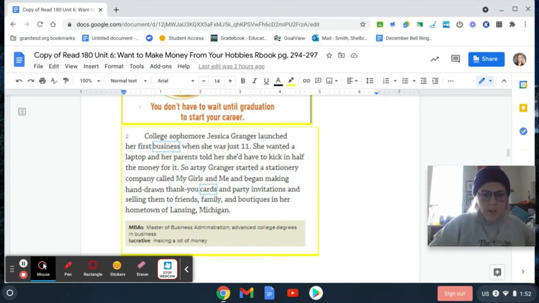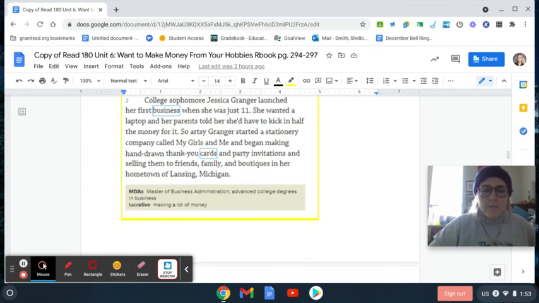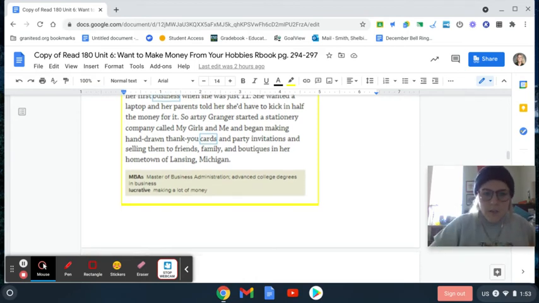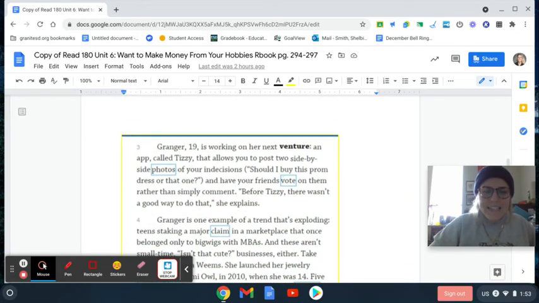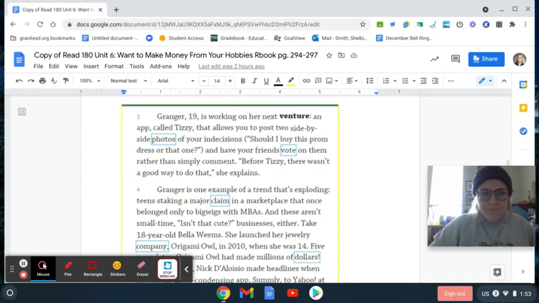So Artsy Granger, which means she's artistic, started a stationery company called My Girls and Me and began making hand-drawn thank you cards and party invitations and selling them to friends and family, and boutiques, which are small local stores, in her hometown of Lansing, Michigan. Granger, 19, she's 19 now, is working on her next venture, an app called Tizzy that allows you to post two side-by-side photos of your indecisions.